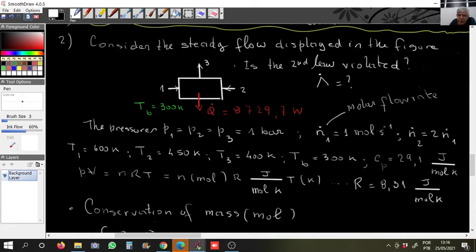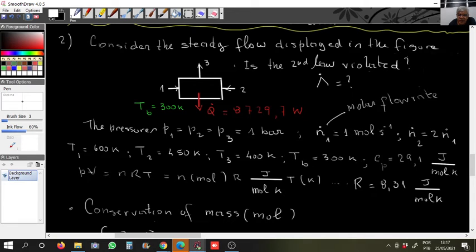In this case, N3 I can calculate using the conservation of mass, the continuity equation, as we did before. Now T1 is 600 Kelvin, T2 is 450, and T3 is 400 Kelvin. Now the temperature of the surroundings is 300 Kelvin.